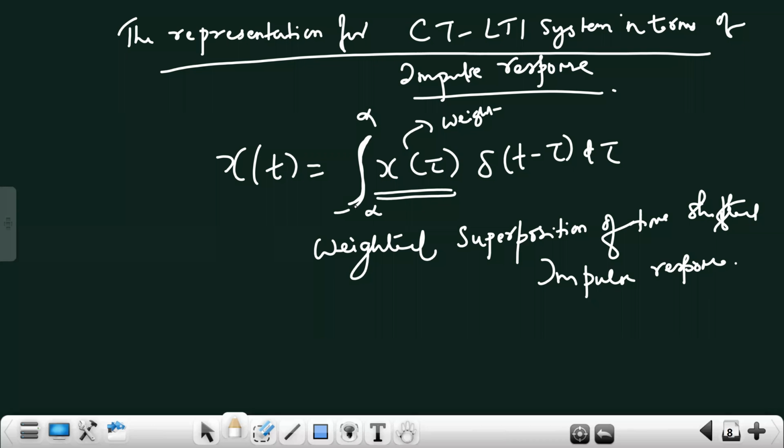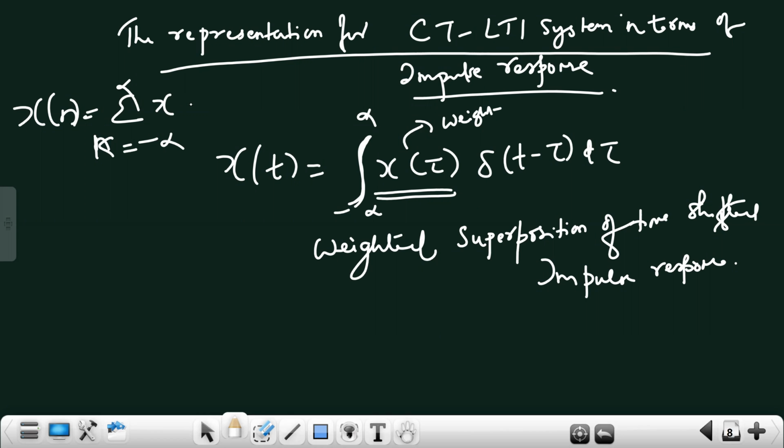You know the representation of x of n. How did you represent x of n? X of n is nothing but the weighted sum of time shifted impulse response, that is sigma k varies from minus infinity to infinity x of k into del of n minus k. That is the way you represented it earlier for a discrete time signal. But now we are handling the continuous time signal, isn't it? So the modification is, instead of k varies from minus infinity to infinity, now you have the integral.